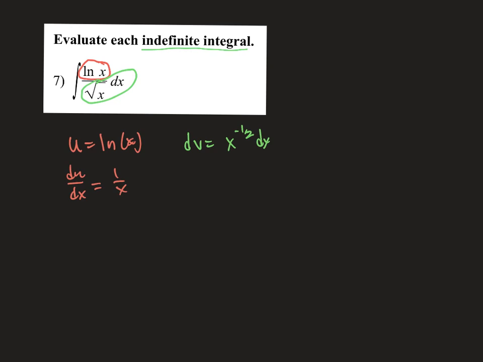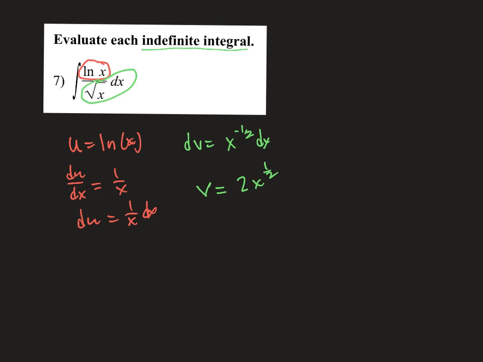And I'm going to multiply by dx to solve for du. On the green side, I'm going to do the antiderivative so I can figure out what v is. The antiderivative is going to be 2x to the 1/2, right? Because I add 1 to negative 1/2, and I get 1/2, I divide by 1/2, which is multiplying by 2.